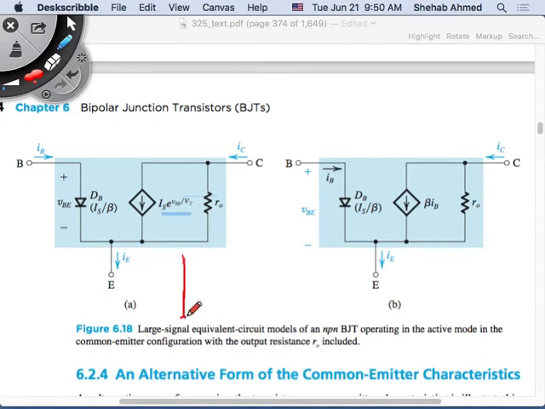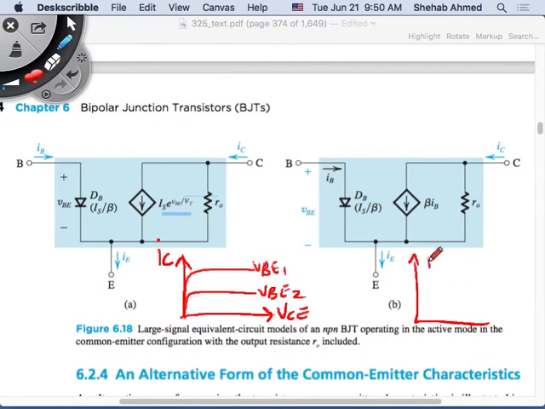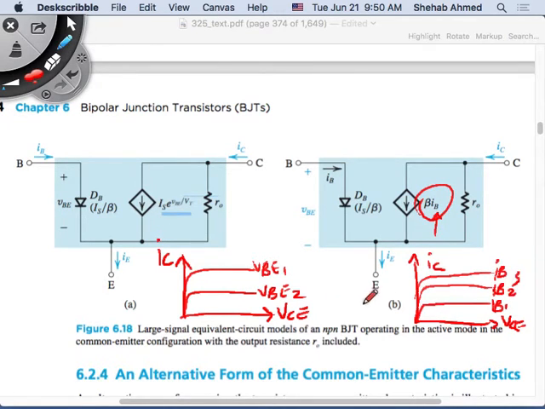So here we were drawing IC versus VCE at different values of VBE, 1, 2, etc., right? That's what we just saw. I can do the same, but at different values of IB. Correct?